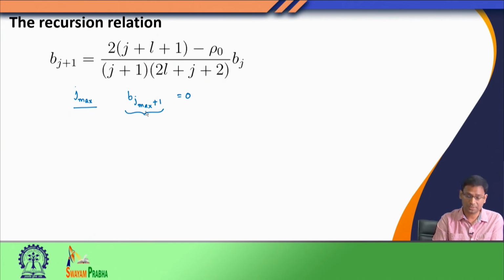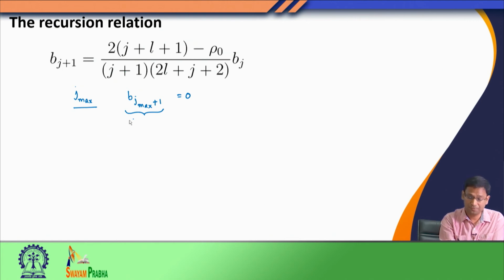So, now what would we see? What would be this value of j max, the maximum value of j where this power series should truncate? I have this expression for b j plus 1. Suppose I write this for j equals j max. On the left hand side, b j max plus 1 will become 0, and that will happen when I look at the right hand side of this expression.